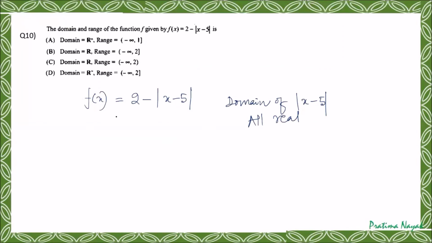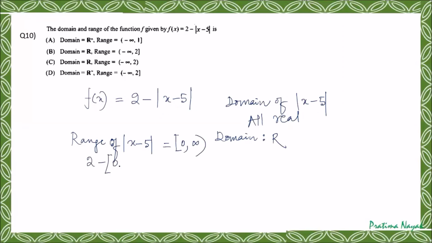So the domain is equal to all real numbers. Now coming to range. Range, you know this, it always starts from 0. So the range of this is 0 to infinity. And we are interested in 2 minus 0 to infinity.